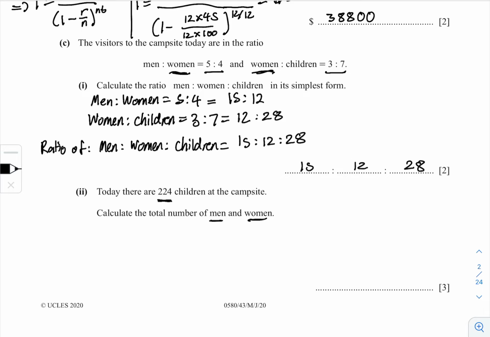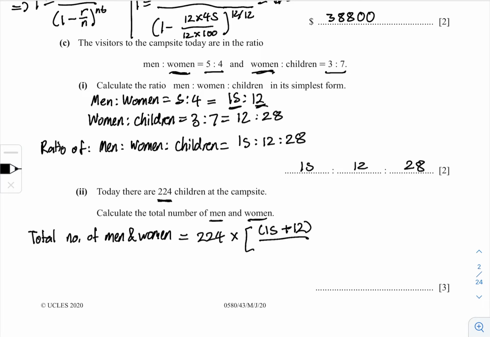To calculate the total number of men and women, it equals 224, which is the number of children, multiplied by 15, which is the ratio for men, plus 12, which is the ratio of women, divided by 28, which is the ratio of children. This will give you 216, and that's the answer for the total number of men and women.